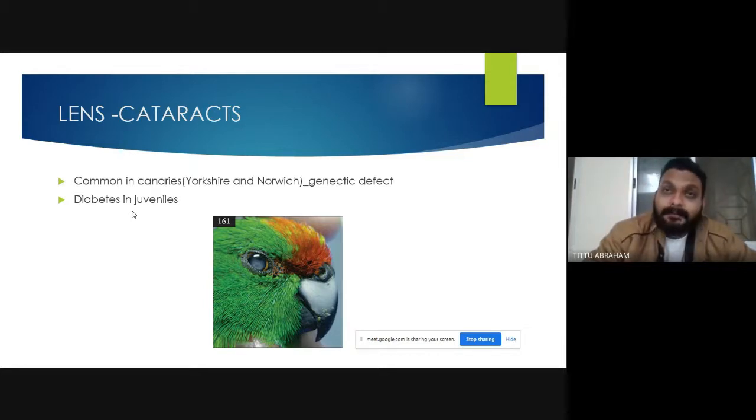I've seen that in an eclectus parrot, causing juvenile cataract. It is because of this diabetes. And I have seen it in certain tamed African lovebirds, which were fed homemade products, which are so high in glucose.